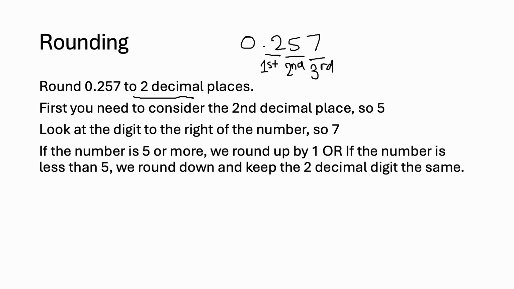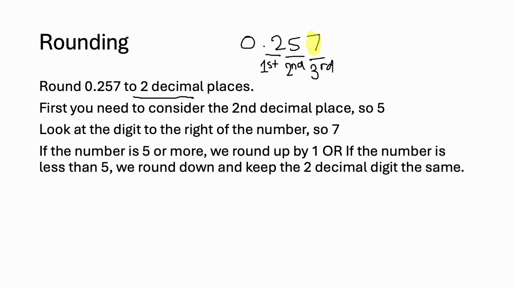And if the number is 5 or more, we round up by 1. Or if the number is less than 5, we round down. And that essentially means that we keep the second decimal, the number 5, the same if our number to the right of 5 is less than 5.